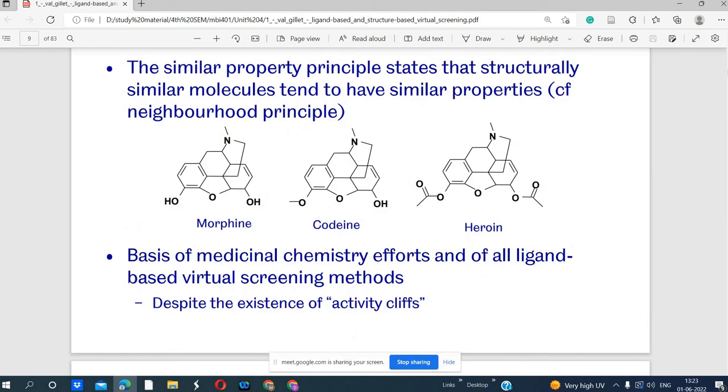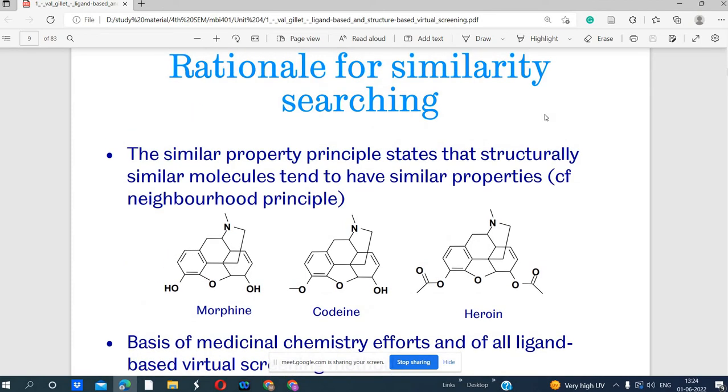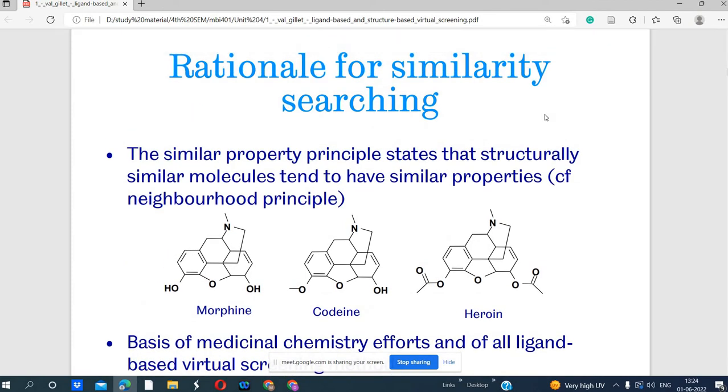So now, what is the rationale for similarity searching? The similar property principle states that structurally similar molecules tend to have similar properties. Like how we predict in QSAR, we relate the structure with the activity.